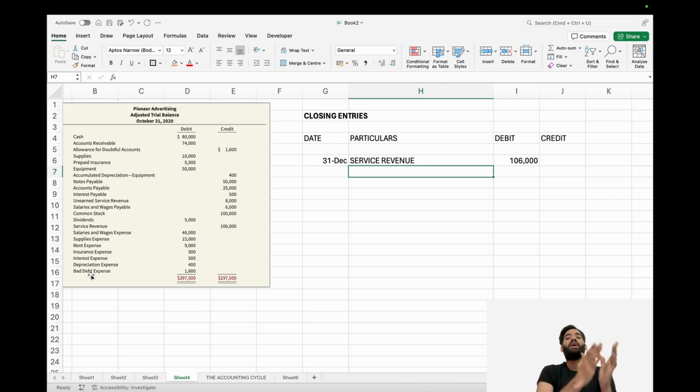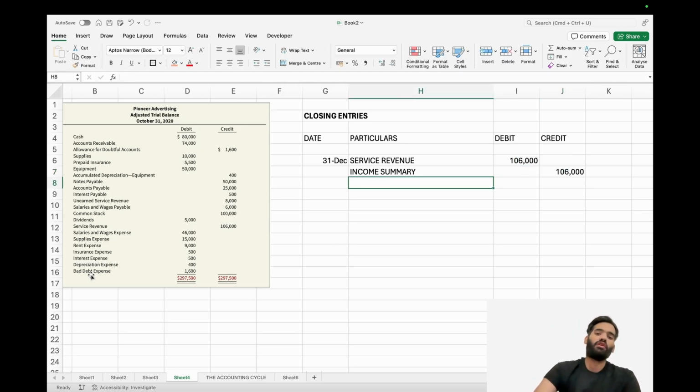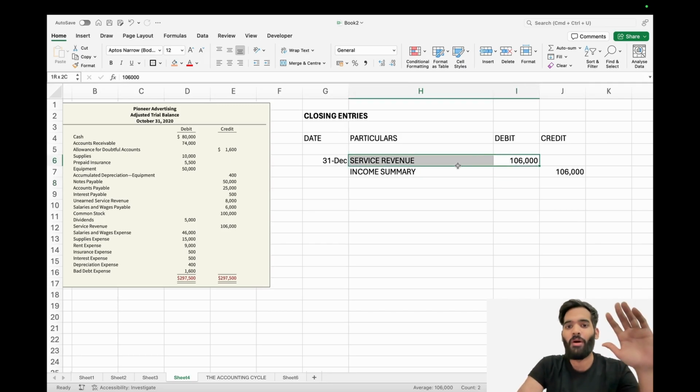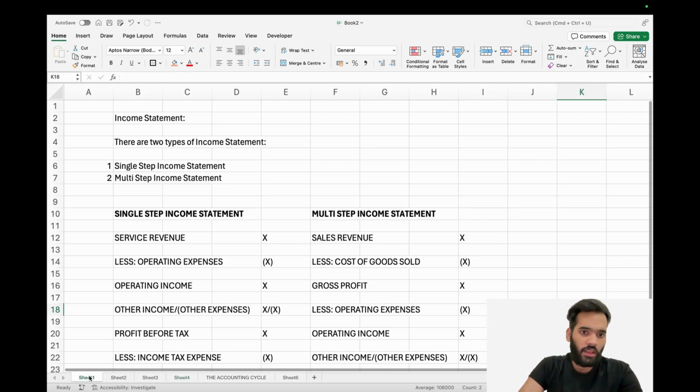And please remember, the other side of the closing entry is always this account called income summary. So if I already have the debit, the credit will be income summary. Now you might say, what is income summary? To give you a very easy way of thinking about this, just think of income summary as the income statement. So what we did is we transferred the revenue amount to the income statement so we can calculate profit there, right?